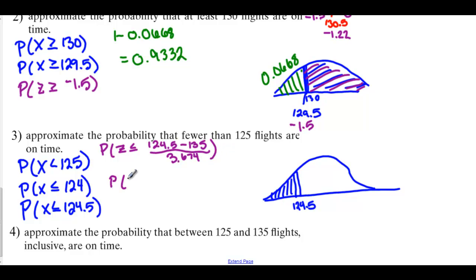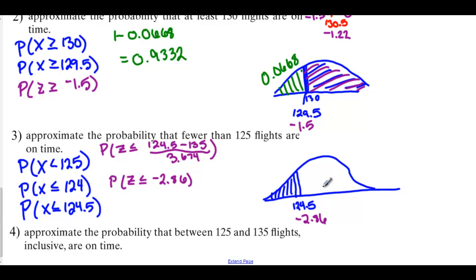So that gives us the probability that our z is less than or equal to, what's the z-score? All right, so the z-score being less than negative 2.86.